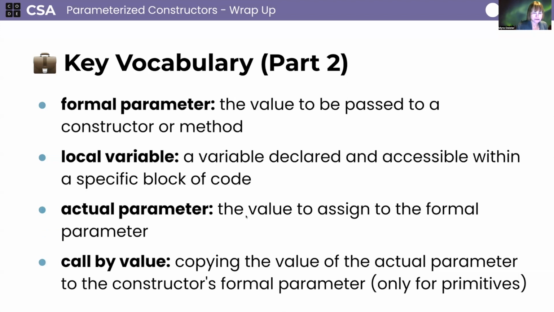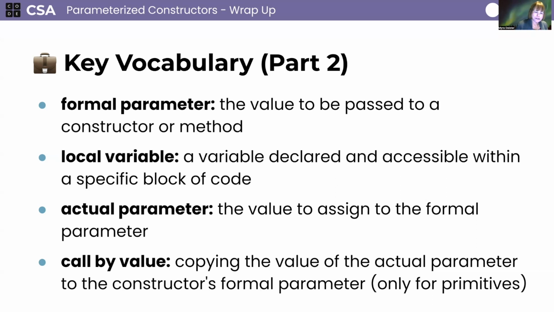Formal parameter, the value to be passed to a constructor or method. Local variable, a variable that's declared and accessible within a specific block of code. So if you define a variable as a parameter to a constructor, that's local. Once you exit the constructor, that variable is gone.